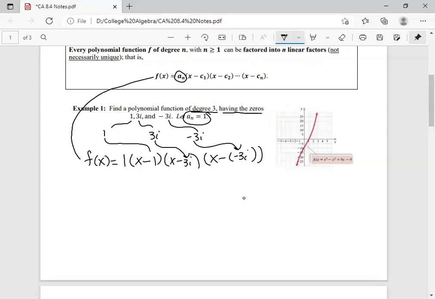Should have been a positive 3i when you wrote it. So when we write the final one, we don't really need, I'm sorry, that was still minus. We don't really need that one there. Multiplying by one just keeps the thing the same. Okay.